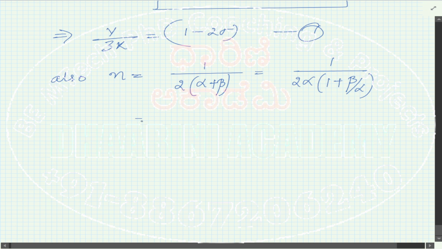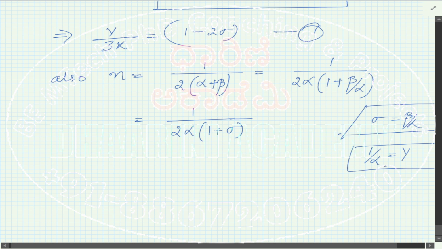So this is equal to 1 divided by 2 times alpha into 1 plus sigma. Once again the same reason, sigma is equal to beta by alpha. And I also can replace 1 by alpha by y. So this means 1 by alpha, I am going to replace that as y divided by 2 times 1 plus sigma.